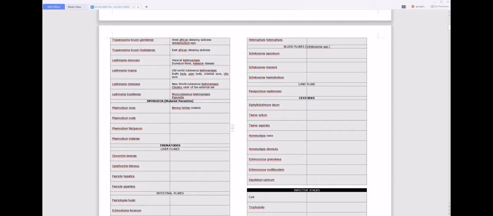While Plasmodium ovale is also called benign tertian malaria. So both sila benign tertian malaria. So it is called tertian kasi diba every 48 hours it brings about another cycle of the disease malaria.